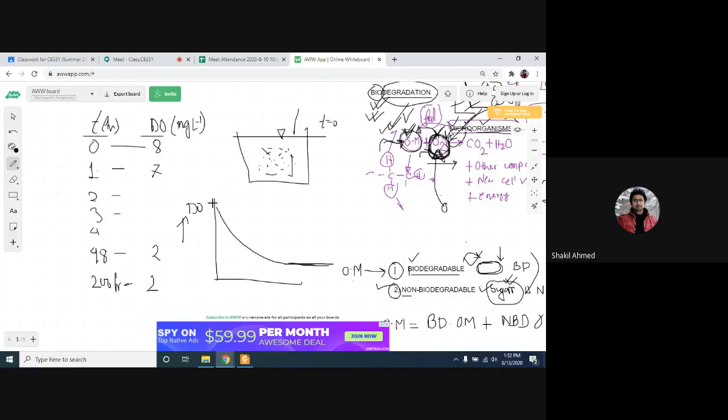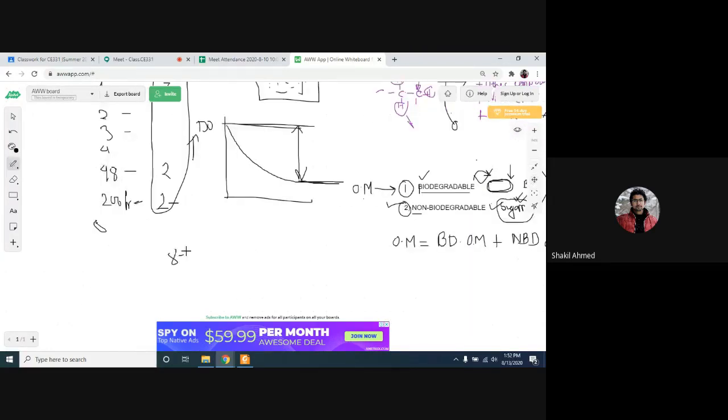That means all the organic matter has been degraded and oxygen has been consumed. Now if you take the difference, 8 minus 2, this is 6. This oxygen has been used to oxidize all the organic matter.